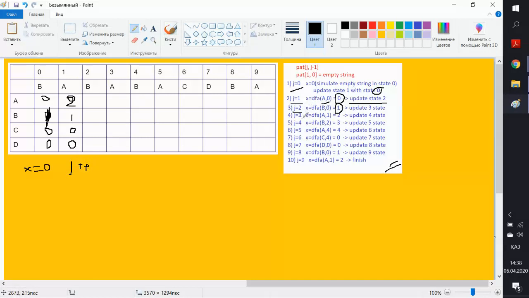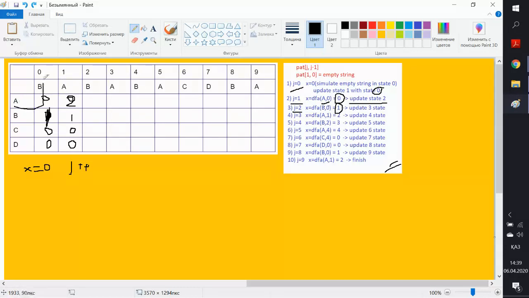And now we have j over 1, and we have to calculate DFA of the old value of x, which is 0, at the state where j is equal to 1. Here we have a state of a, and a of old value of x is 0.